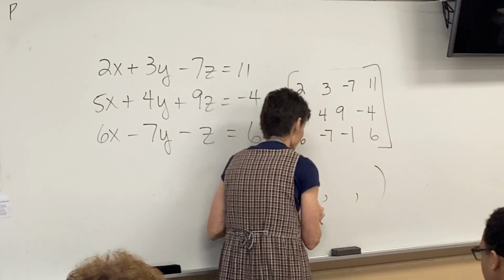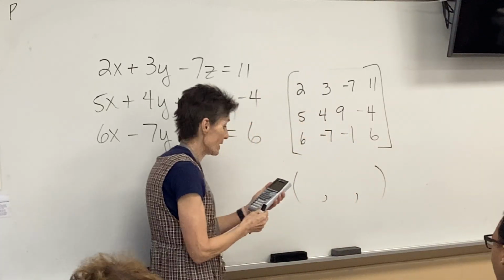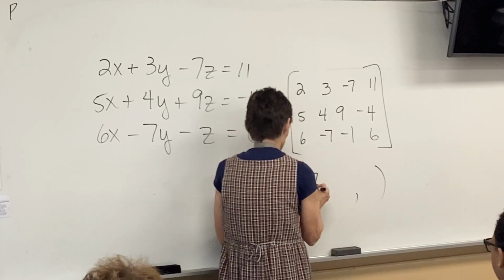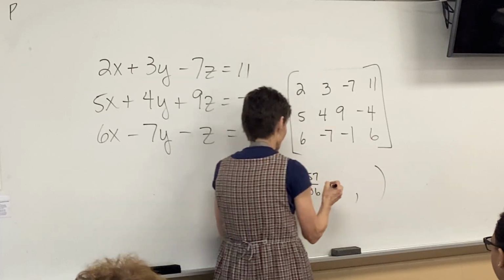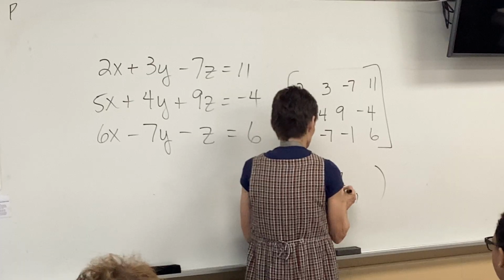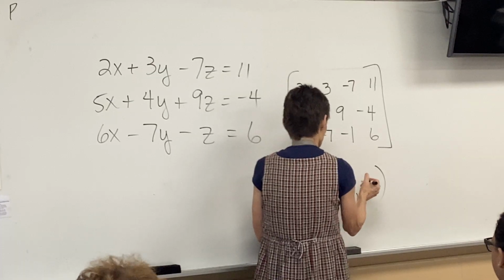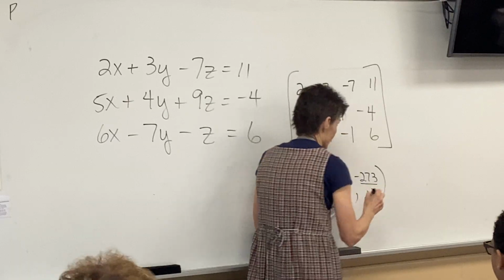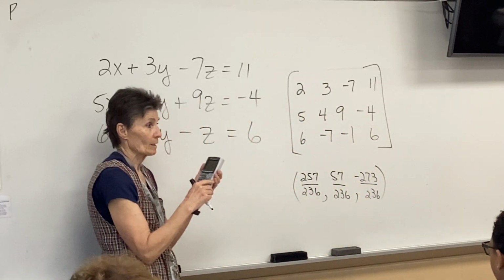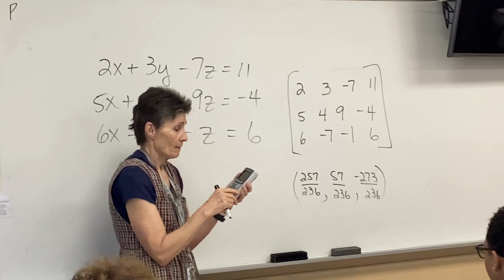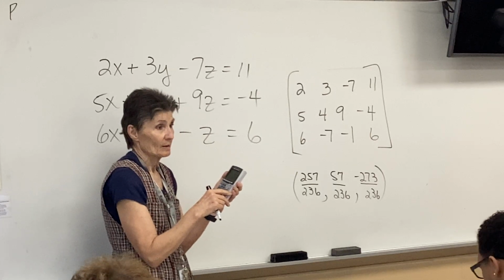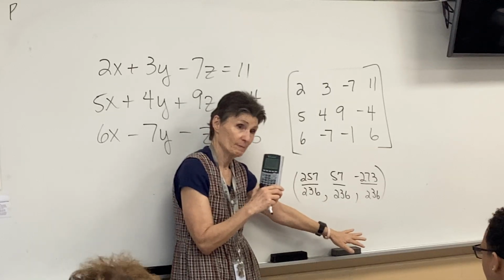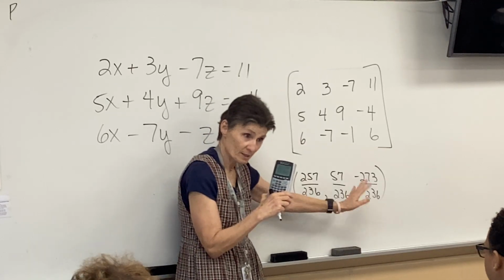Remember, we have to write our answer down. So our answer will be 257 over 236, 57 over 236, and negative 273 over 236. We don't want to write down the decimals because we'd have to round them off. So we'll change them into fractions, and there we go.